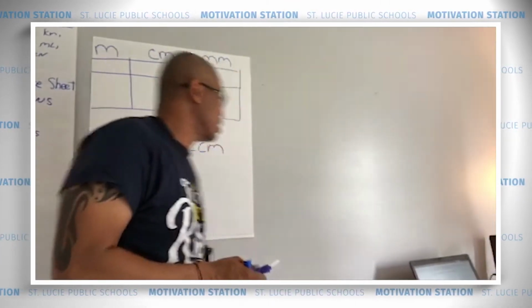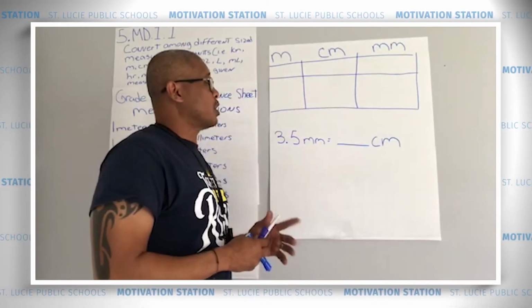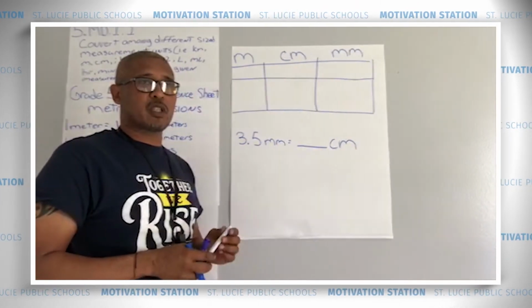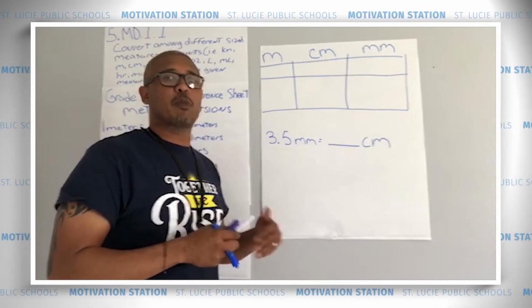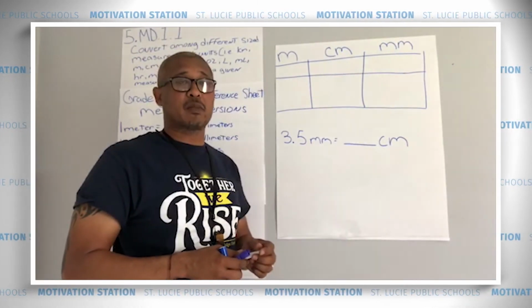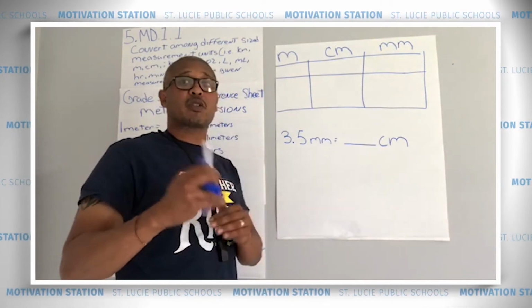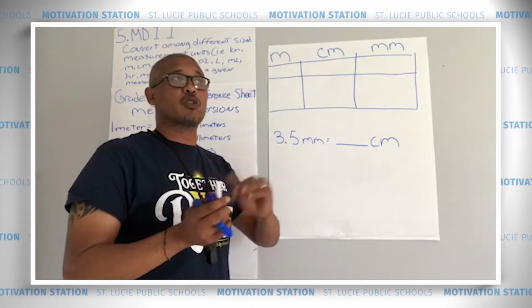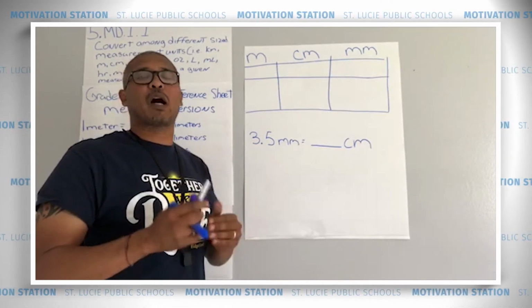Let's get started. The first thing you should know when converting, especially within the metric system, is that it's based off of the power of 10. So we are either going to be multiplying or dividing by powers of 10. That's why when you say, oh, I'm going to move my decimal 1 or 2 places to the right, or I'm going to move my decimal 1 or 2 places to the left, that's because you're multiplying or dividing by a power of 10.